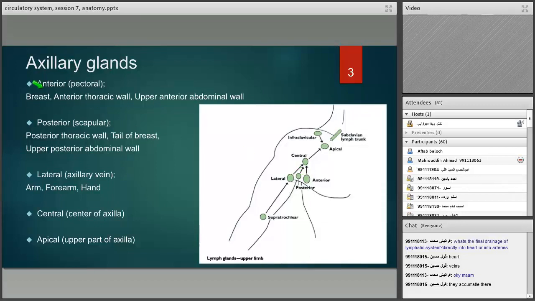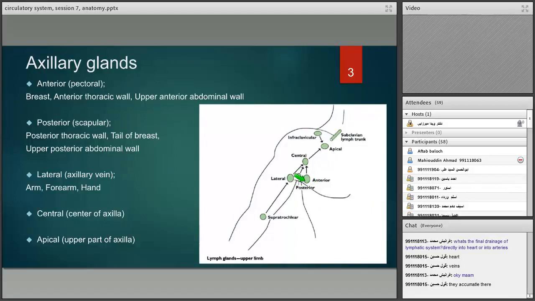The anterior, or also called the pectoral group, is receiving the lymph from the breast, the anterior thoracic wall, the upper anterior abdominal wall, for example here. Okay?